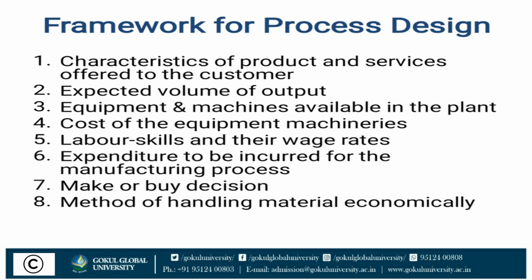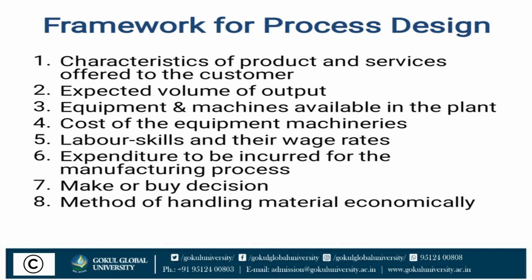The second one is expected volume of output. Second, we have to maintain some expected output, so that we can estimate the future by doing this production process. How much can we obtain from this process? We have to estimate future outcomes.